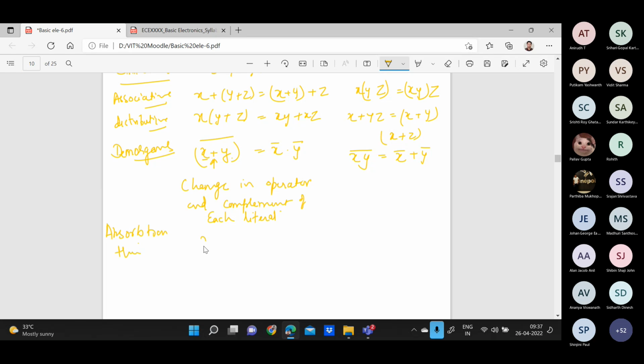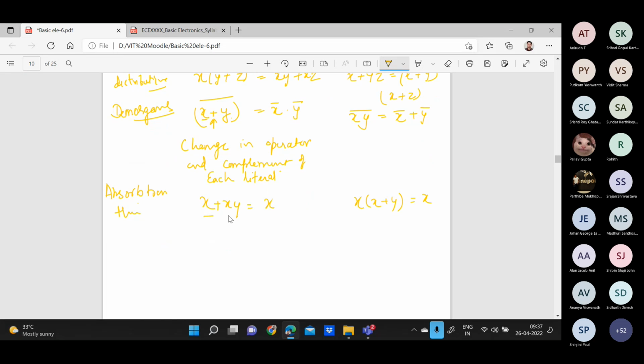It says X plus XY is equal to X, and similarly X plus Y bar is equal to X. Now you can ask me how it is possible. To understand the absorption theorem, you can take X plus XY and take X common.